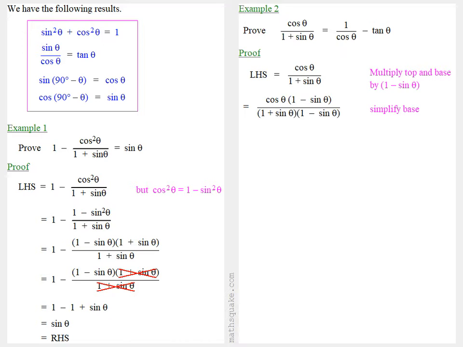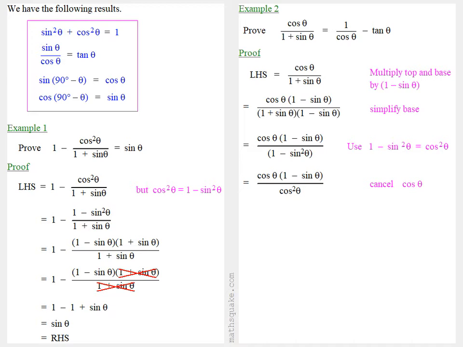And we can expand the brackets on the bottom. And that gives us cosine theta into (1 minus sine theta) all over 1 minus sine squared theta. But we have 1 minus sine squared theta is equal to cos squared theta. So altogether it's equal to cos theta into (1 minus sine theta) over cos squared theta. And we can cancel a cosine top and bottom.